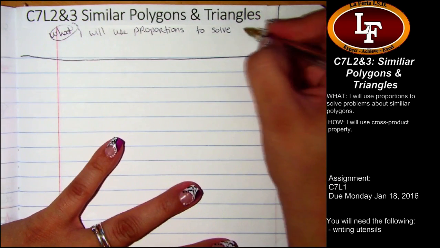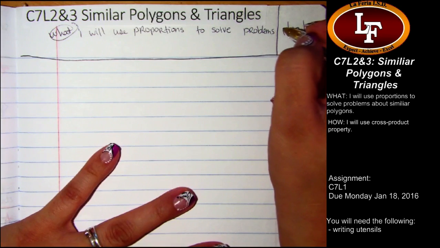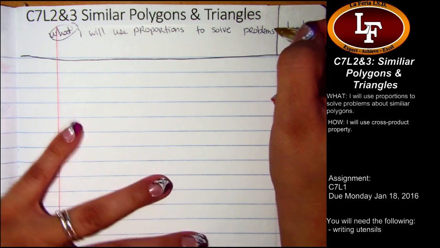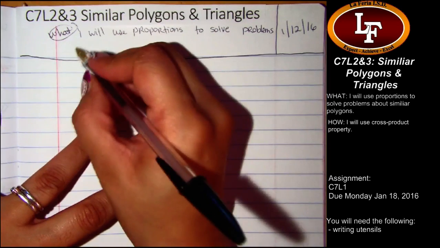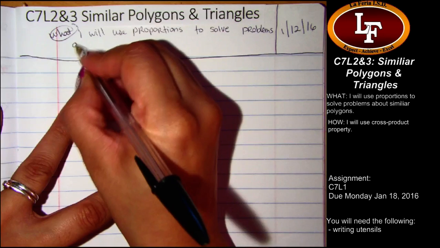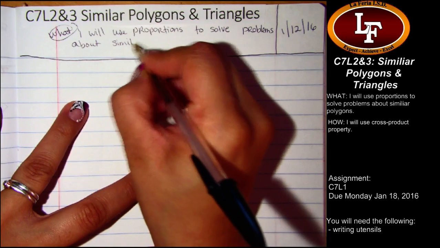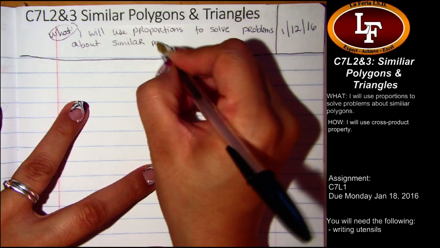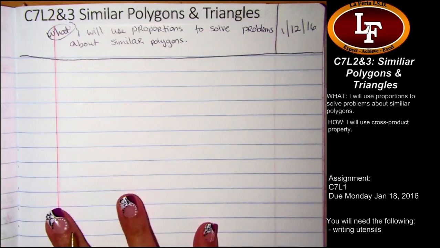An equation that states two ratios are equal to each other. There you go. So you know that we're going to be doing equations. It looks like we're solving problems, so we're definitely going to be solving these equations. They're going to have to deal with something called similar polygons, so make sure I give you the definition for what a similar polygon is and what you're looking for.